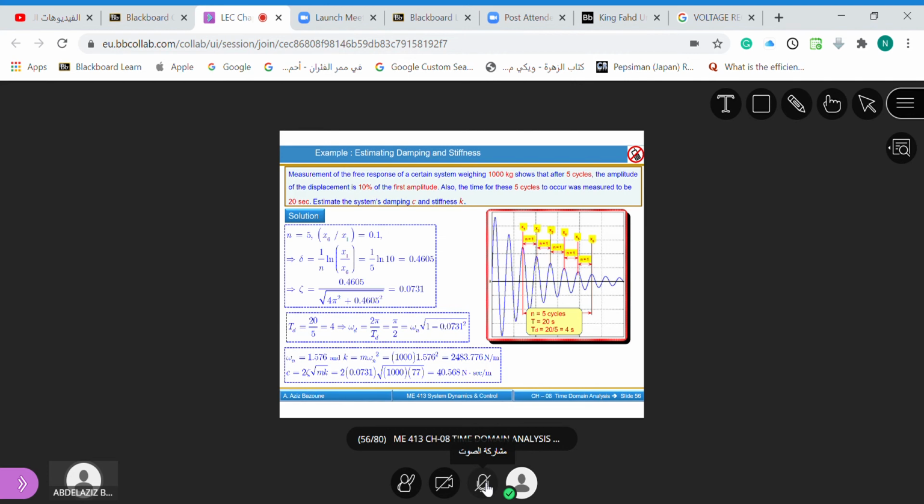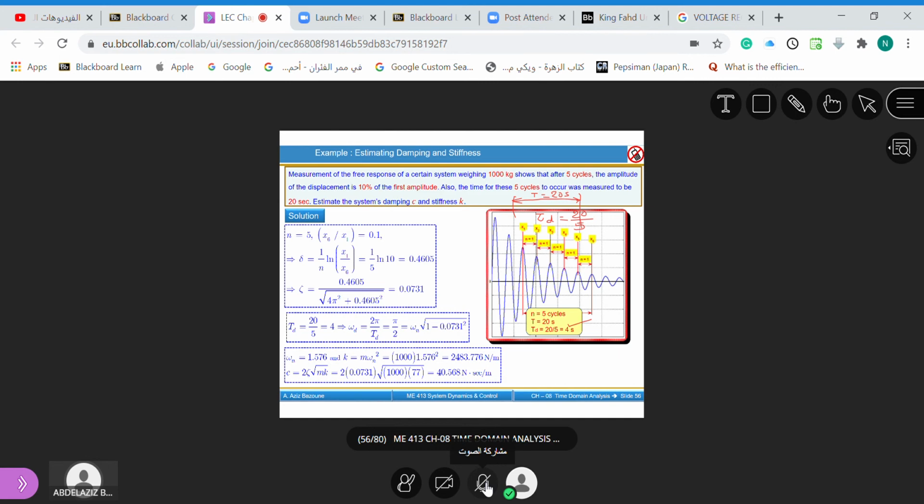The period will be this full time T, which is equal to 20 seconds, divided by 5. The total time divided by the number of cycles gives you 4 seconds. So the time period will be 4 seconds.